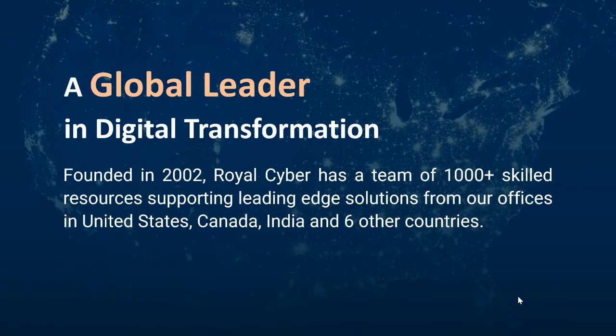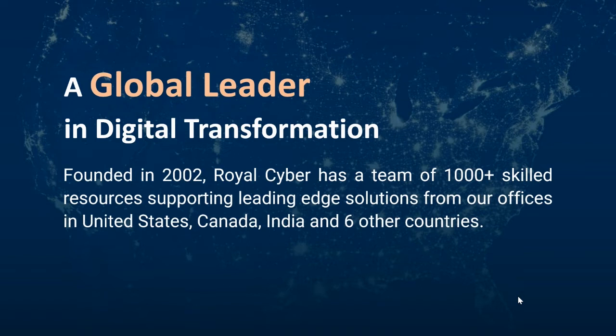All right. So let's talk a bit on Royal Cyber. Royal Cyber has been in this IT industry for the last 22, 23 years almost. We are a global company. We have our head offices in Chicago. We have a branch office here in Canada, where I'm based out of. Then we have our offshore offices in India and Pakistan, where more than around 700 people are working.